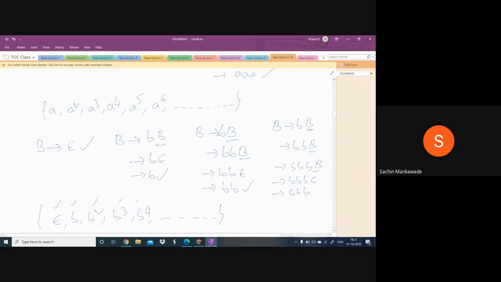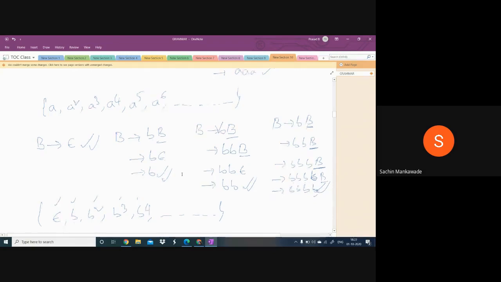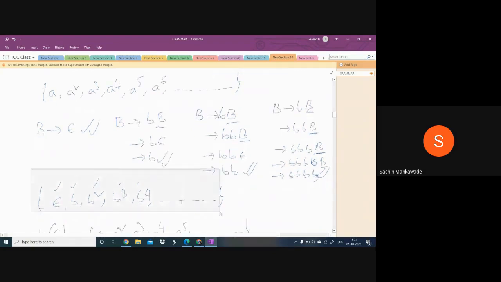Like that, B derives BB. In the B place, BB. Again, in the B place, BB. Then in the B place, epsilon. Now we will get B cube. So like this, you will get epsilon, B, B square, B cube. Or instead of epsilon, you substitute BB here, then epsilon, and you will get B power 4, B power 5, B power 6, and so on. All these are terminal strings.